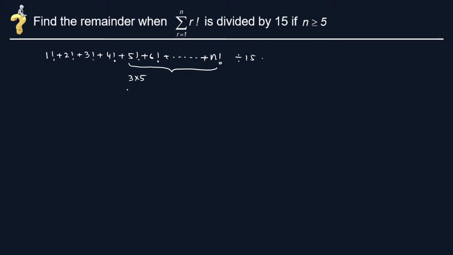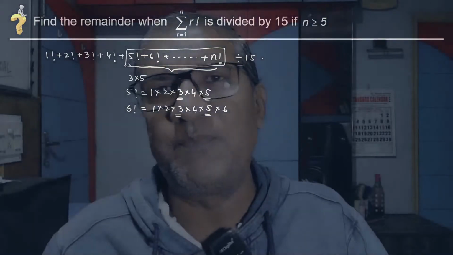In factorial 5, your 3 and 5 is there. In factorial 6, it is same as your factorial 5, only a term 6 will come. Again, we are having 5 and 3. So 5 into 3, that is 15, is common from factorial 5 till factorial n. Am I correct or not?